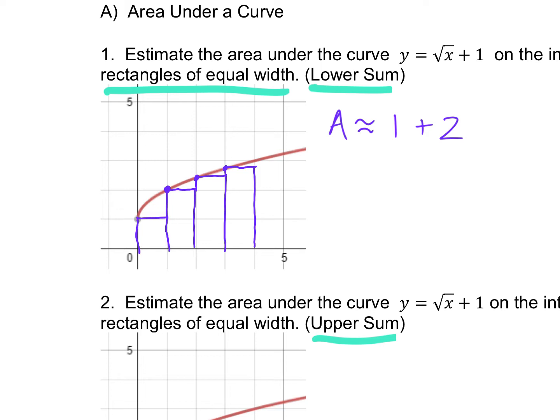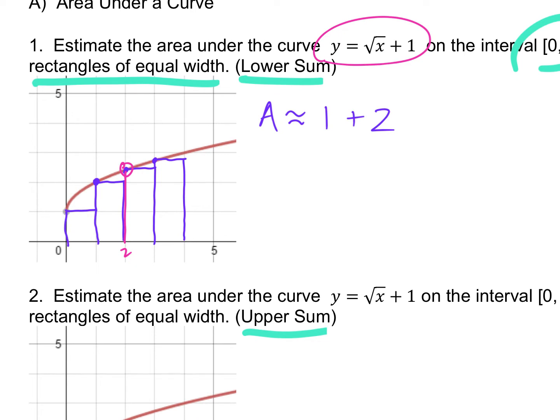Now the third one is where we hit one that's not at an exactly nice number, right? Okay, we do not estimate because we have this, okay? So when I'm trying to find the height of this one right there, what number am I plugging into my equation? 2, right? Because that's where that corner is. Do we all see that? This lines up right here at 2, okay? So when I plug in 2 right there, what am I going to get from that equation?